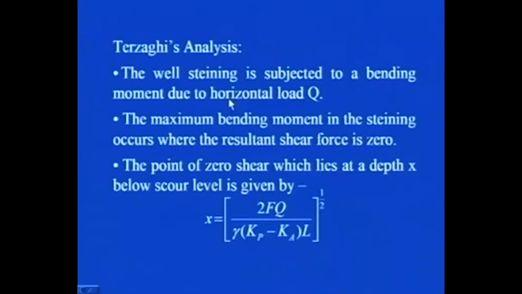The well steining is subjected to a bending moment due to the horizontal load Q. Right now we were discussing the base reaction, that is, the maximum and minimum foundation pressure.